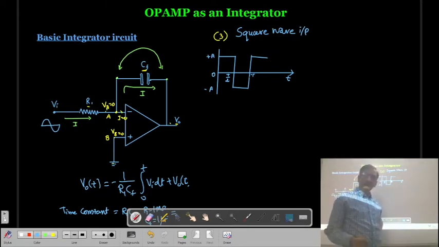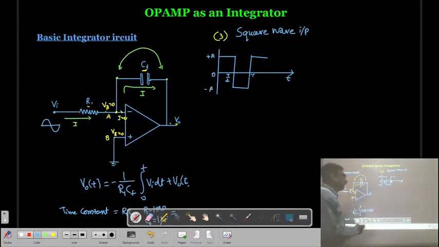So here, mathematically, how can we describe the square wave? You can see at different times it has a different amplitude.